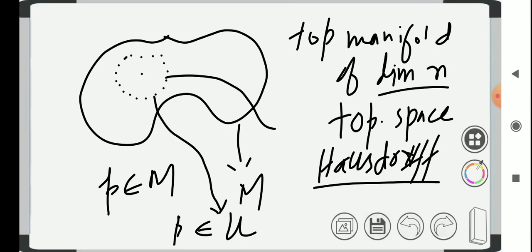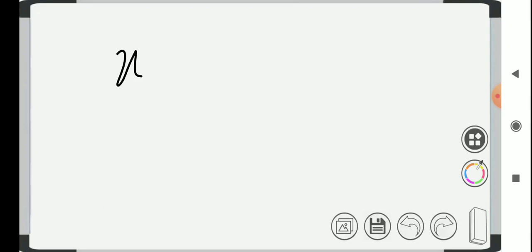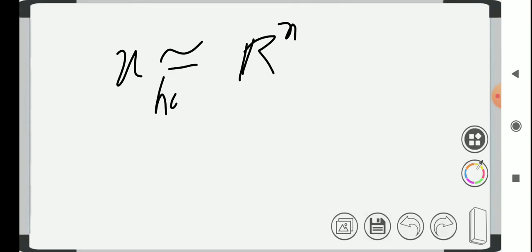This U should be homeomorphic to some subset of Rn, or Rn.